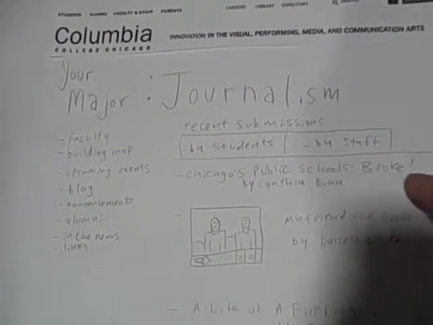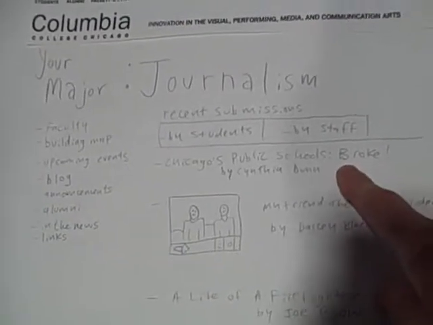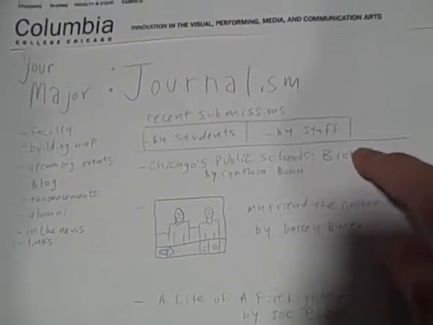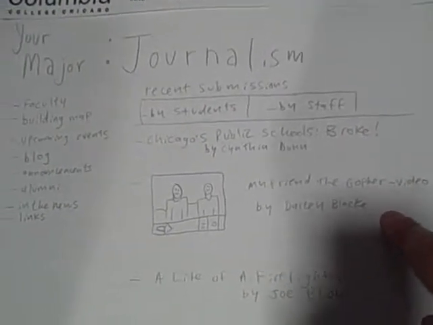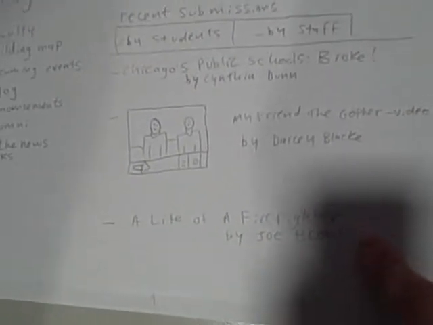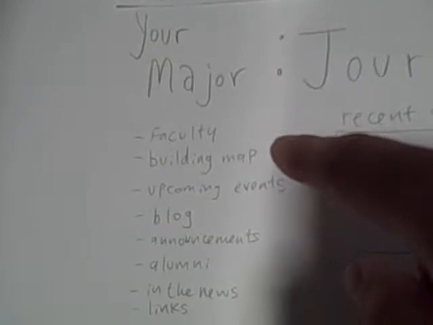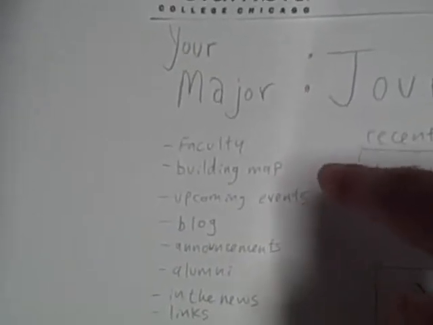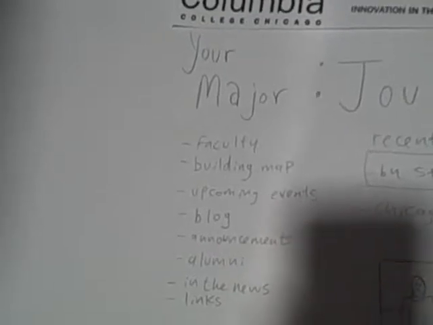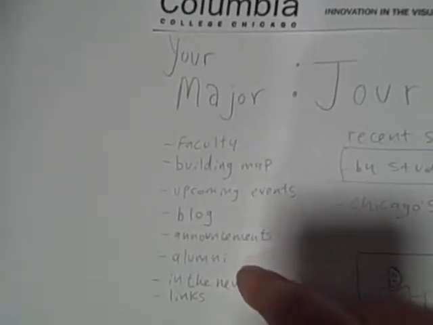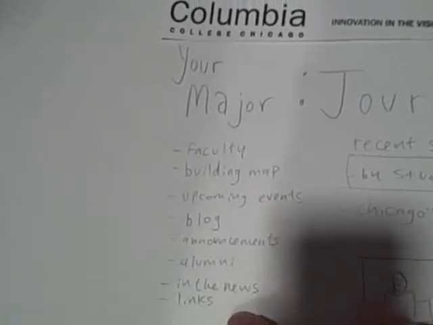And since a lot of it's written, here's an article, which you could click on and check out, since a lot of it's print, or here's a video, or again another written thing. And then over here we have a list of, you can search within your major by faculty, get a building map, upcoming events, the blog for blog entries relevant to the major, announcements, alumni, in the news, and links.